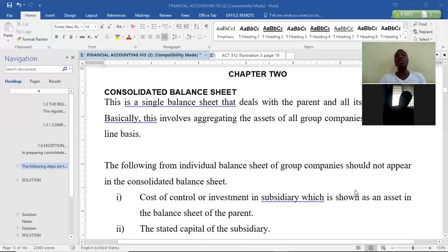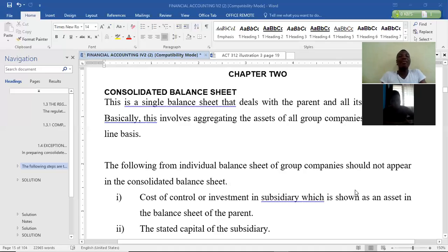By virtue of that, a single balance sheet deals with two separate financial statements, that is, either from the parent or from the subsidiary. So you are now going to use one balance sheet to bring together the balance sheet of the parent itself and the balance sheet of the subsidiary itself.